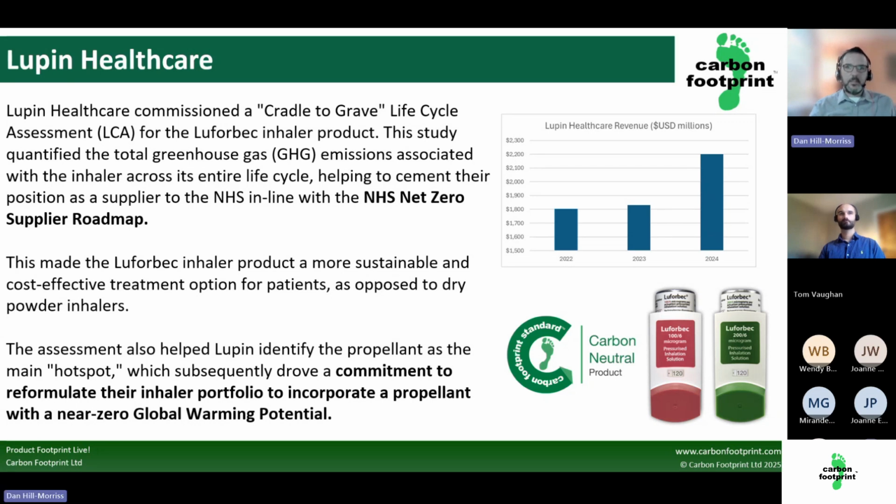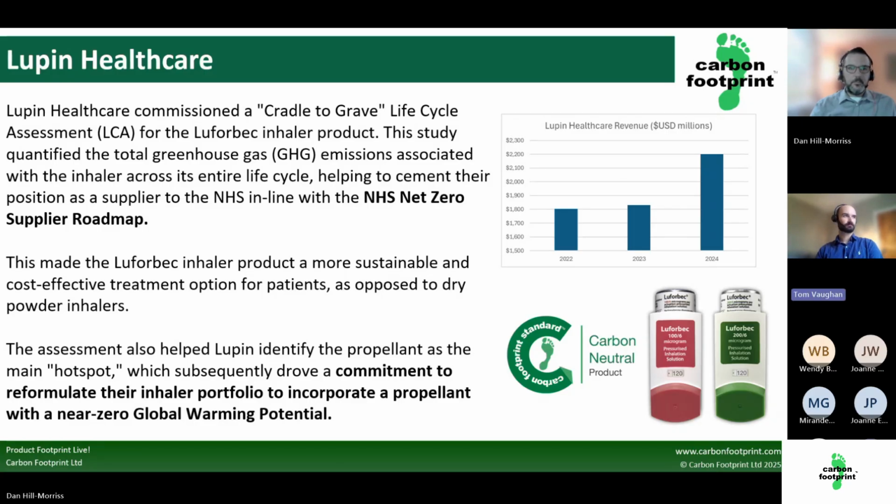And of course, they supply into the NHS. So adhering to and getting themselves in line with the NHS net zero supplier roadmap has been the key driver for Lupin here, who have gone the whole hog, Tom, cradle to grave. So this included the use and end of life of the products, didn't it?